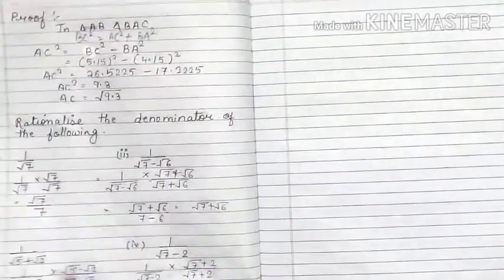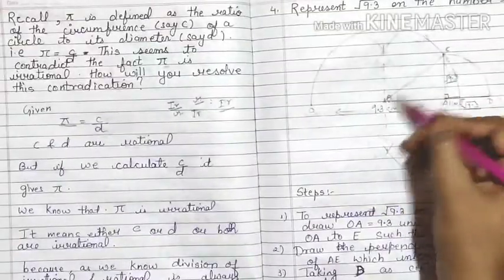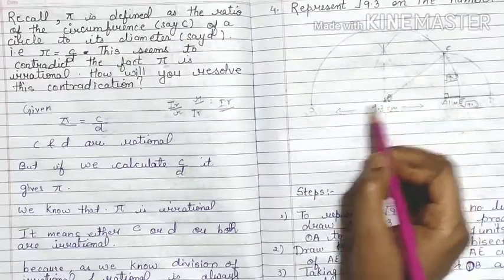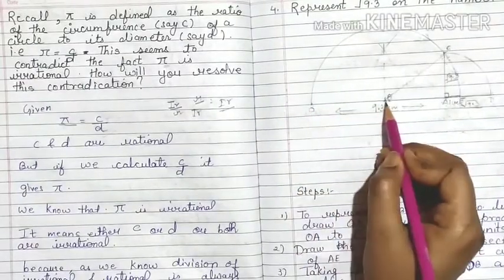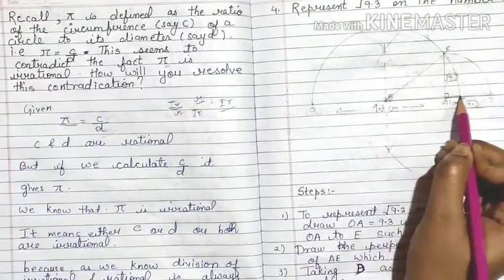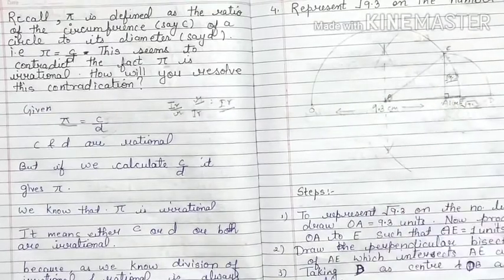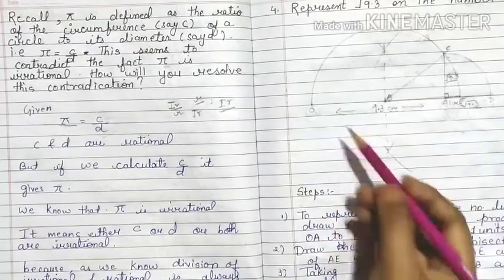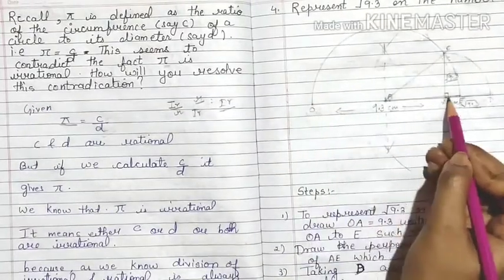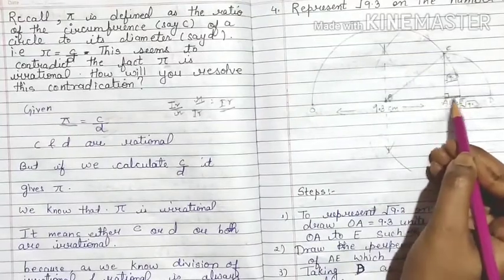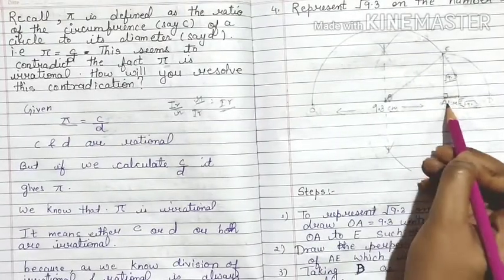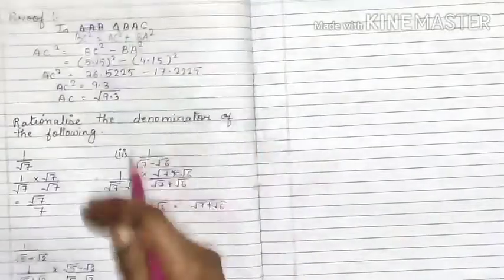Okay, what is BC? BC is the radius of this semicircle. So it is 9.3. We have extended 1 unit. 9.3 plus 1, it is 10.3.